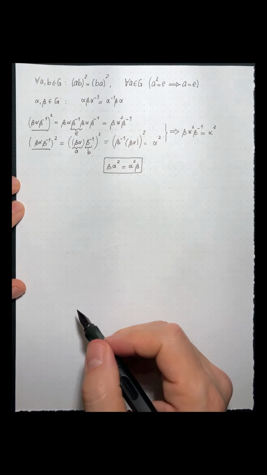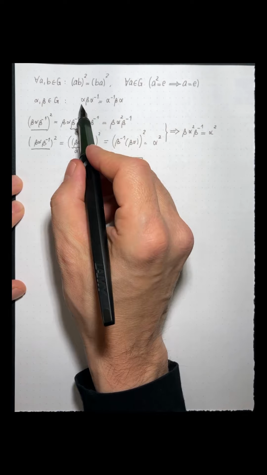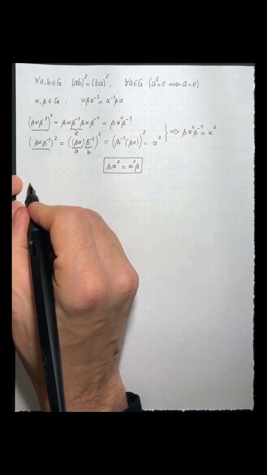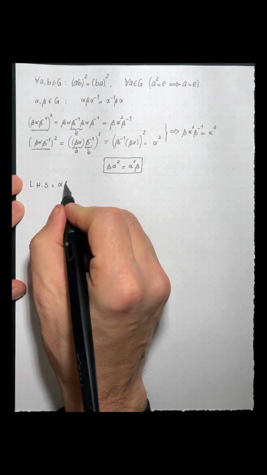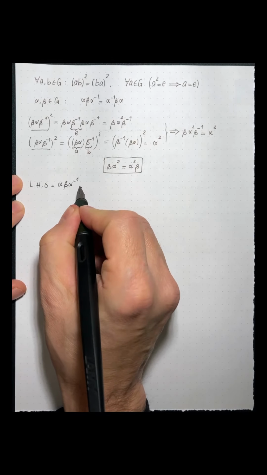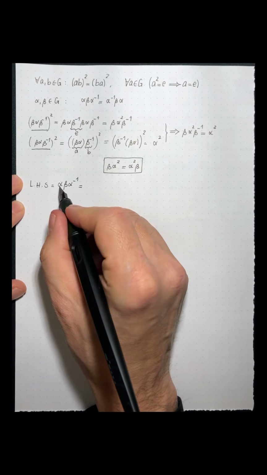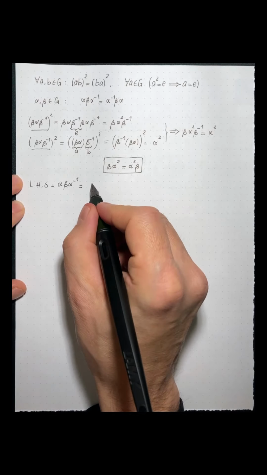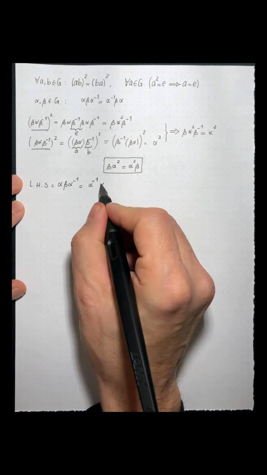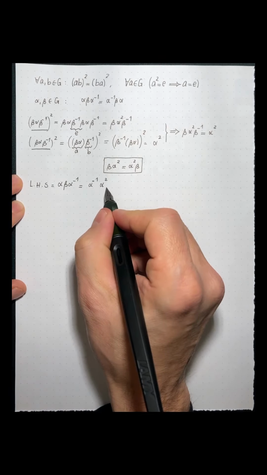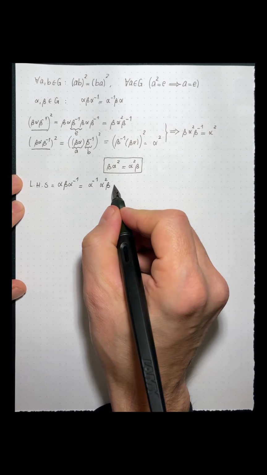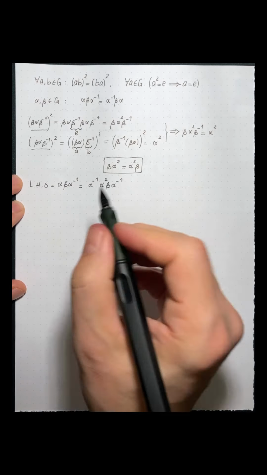Okay, now I start from the left hand side of the claim that I made. So the left hand side of the claim, which is α β α⁻¹, can be written as, instead of α, I can write α⁻¹ α². It gives me the same as α, and then I copy and paste the rest, meaning β α⁻¹. Why I did this?